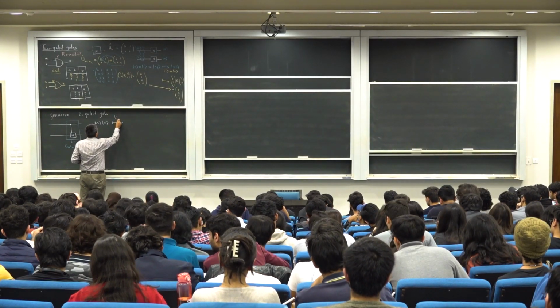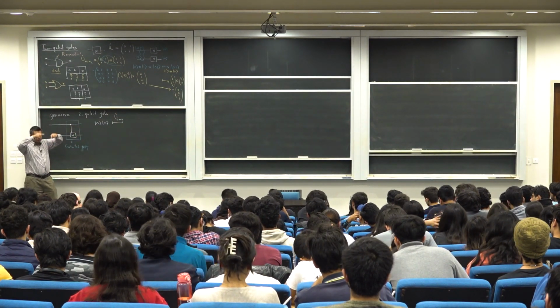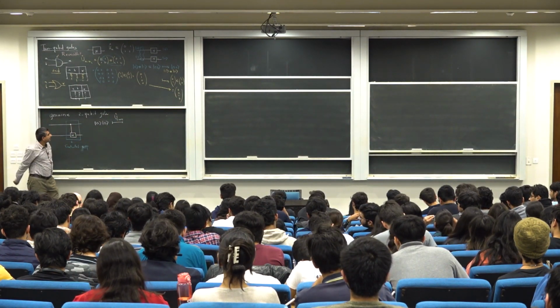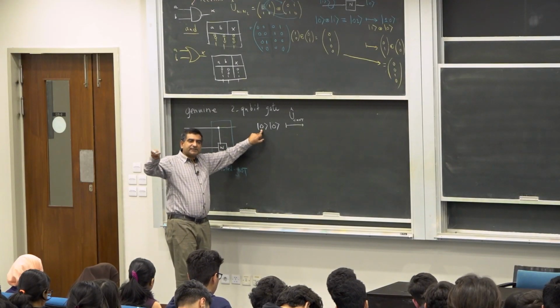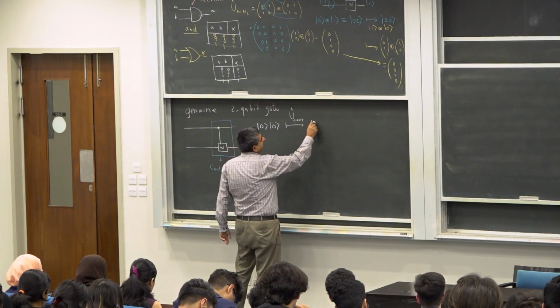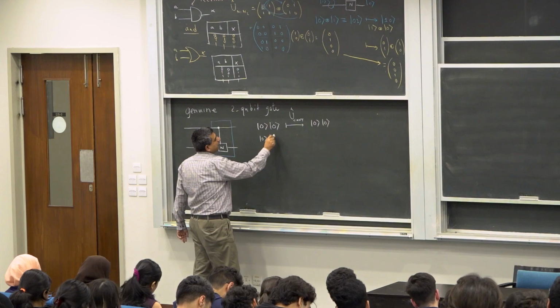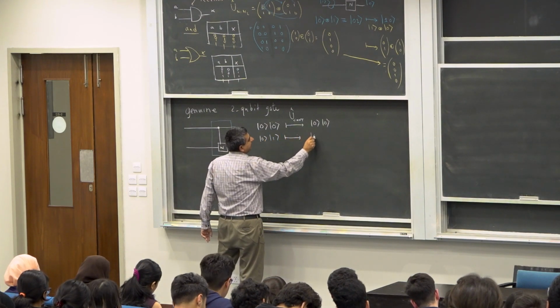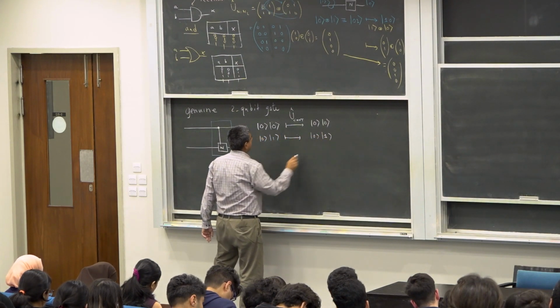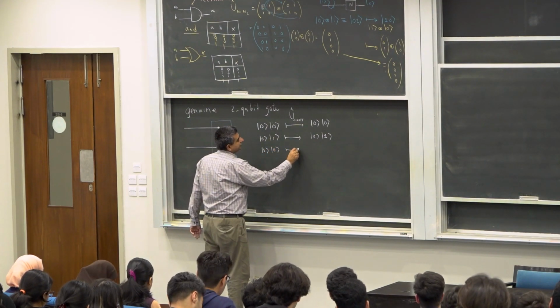So if I apply the controlled NOT gate, which I give this symbol U, the hat on top of it, C naught, if the first qubit is in a state ket 0, nothing happens to the second qubit. So I'm left with ket 0, ket 0, and ket 0, ket 1 goes to ket 0, ket 1. Ket 1, ket 0, however, changes.